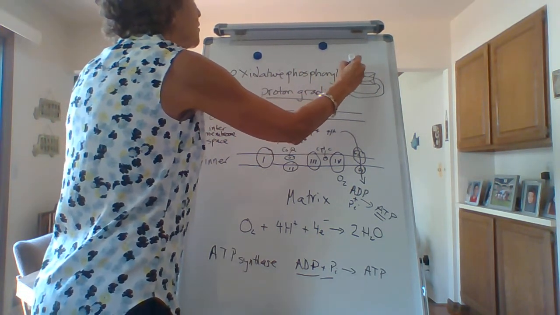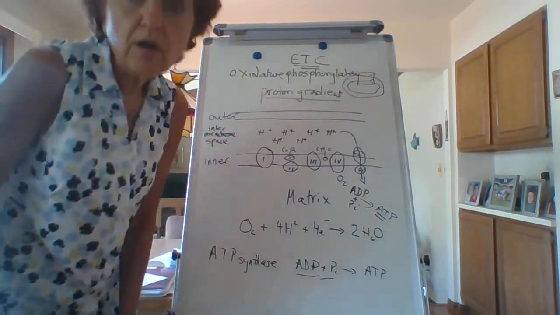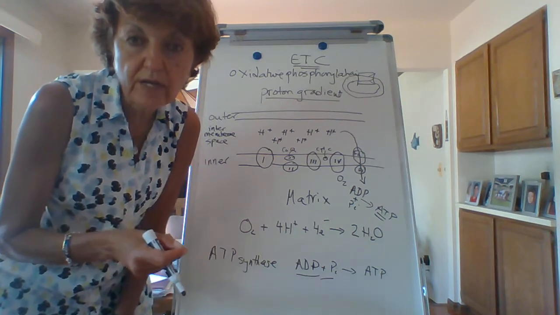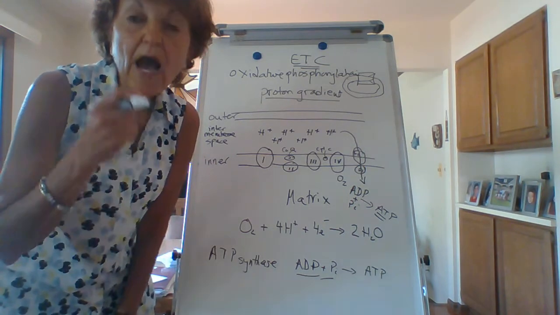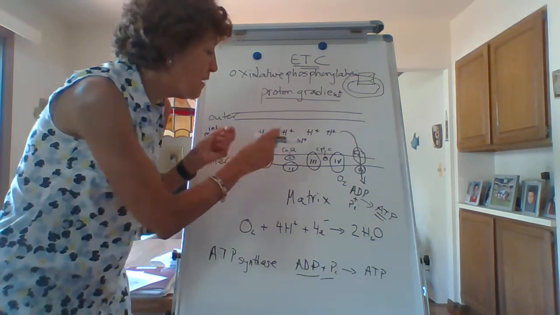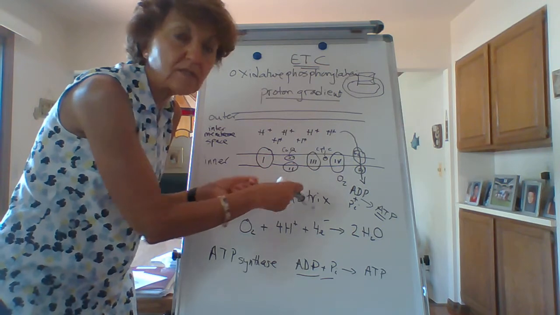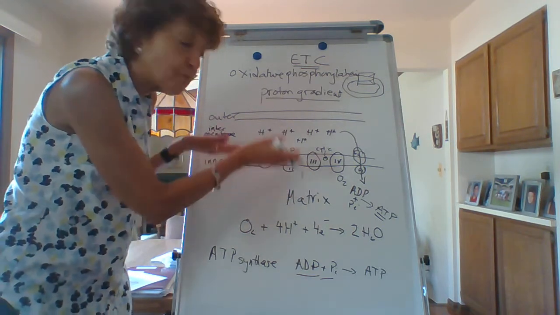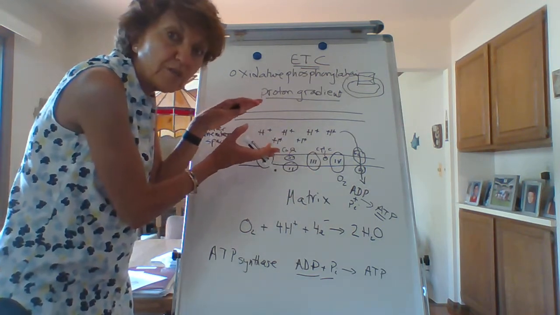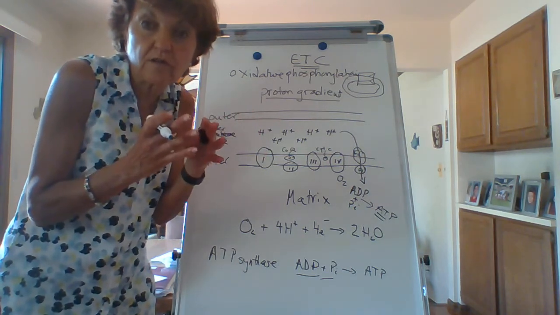And it only occurs in the electron transport chain because of this proton gradient, okay? How did we get the proton gradient? Remember, NADHs and FADH2s dump their protons and their electrons onto these complexes. The complexes pumped the protons into the intermembrane space. The intermembrane space had a huge accumulation of protons.